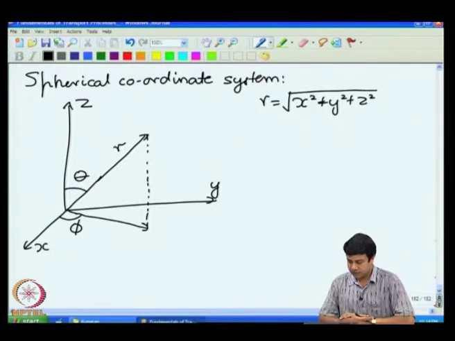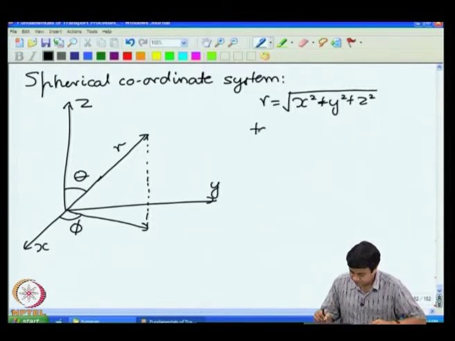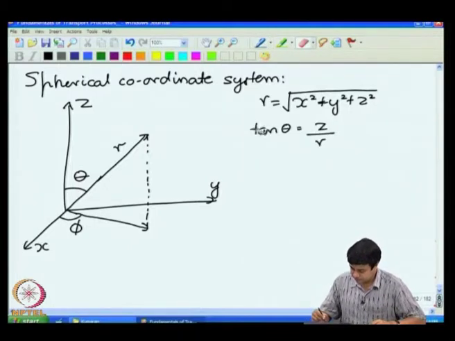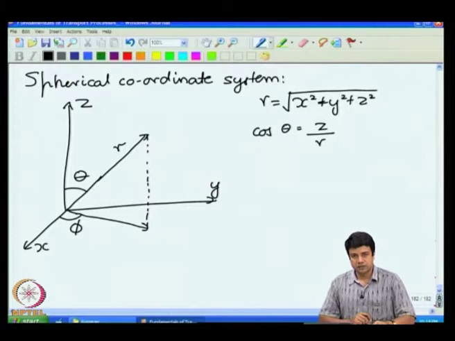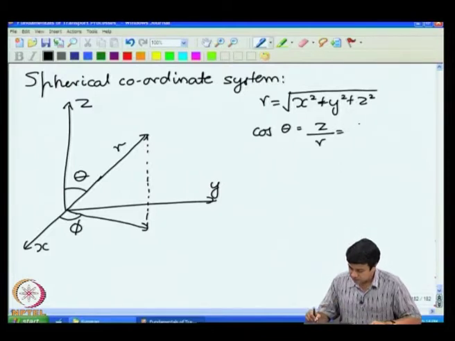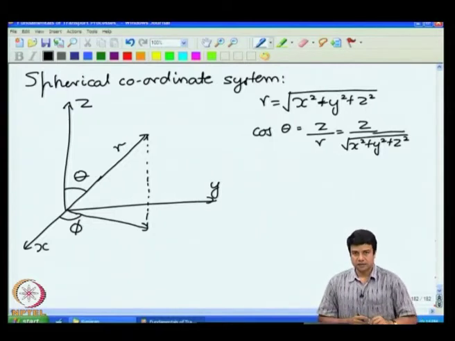Therefore, cos theta is equal to z by r, which is equal to z by square root of x square plus y square plus z square. So, that defines the angle theta.